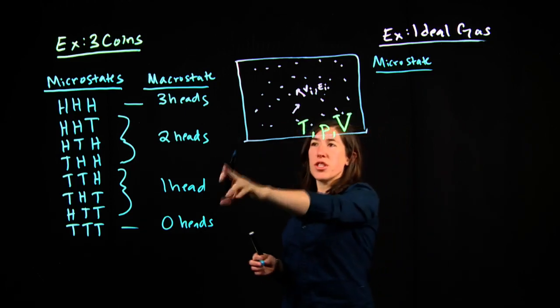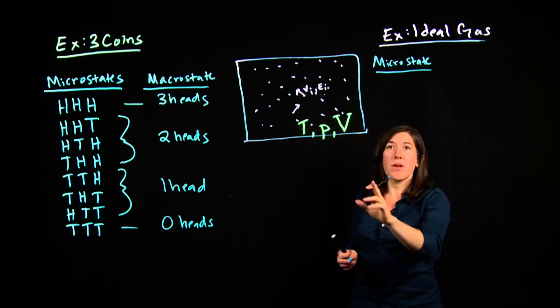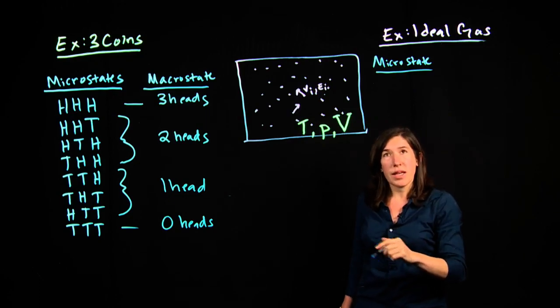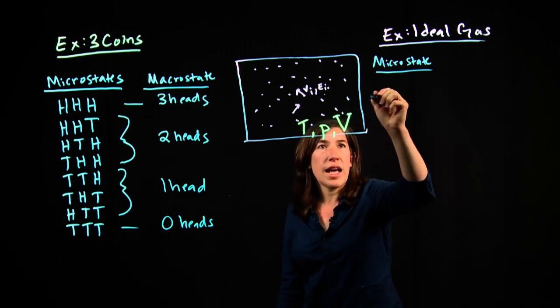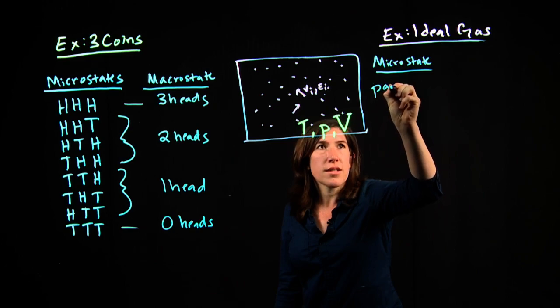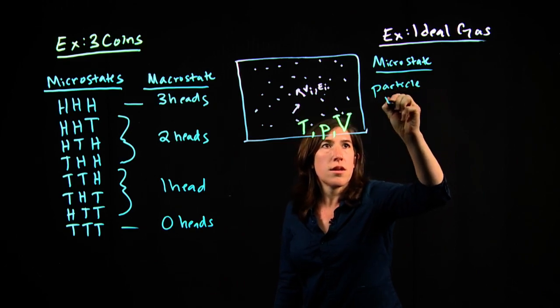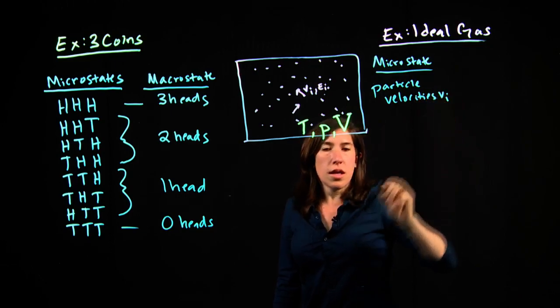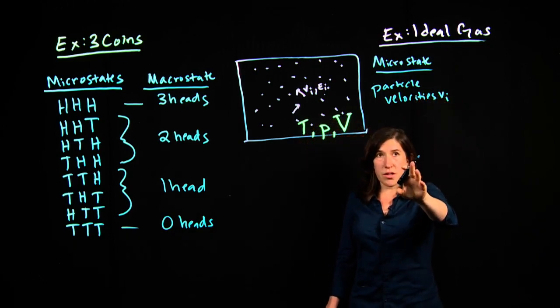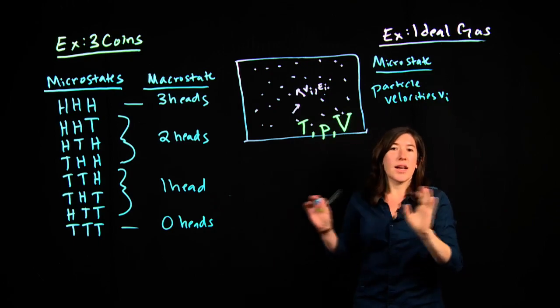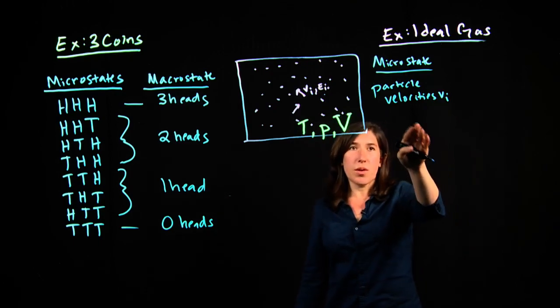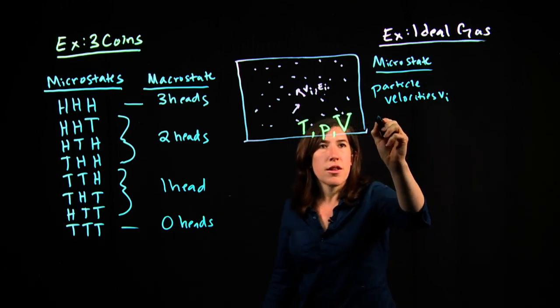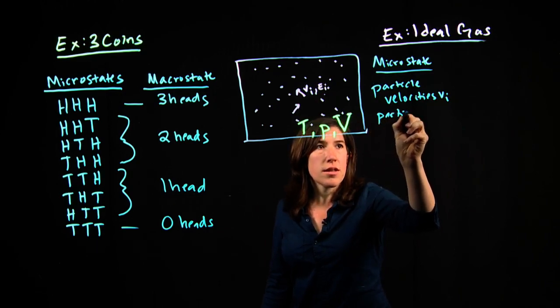You can always deduce the macrostate properties if you know all of the microstate properties. So these are things like the particle velocities. Really the individual particle velocities, not the average velocity, not the RMS velocity, the individual particle velocities of each one. The particle energies.